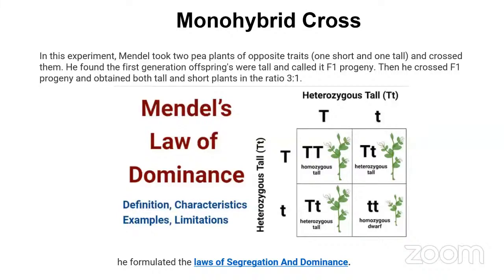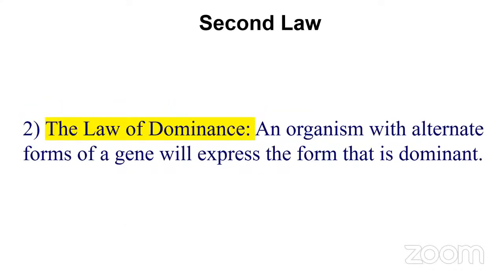If there is even a single capital T, the phenotype will be determined by capital T, because the gene of capital T is dominant over the gene of small t.